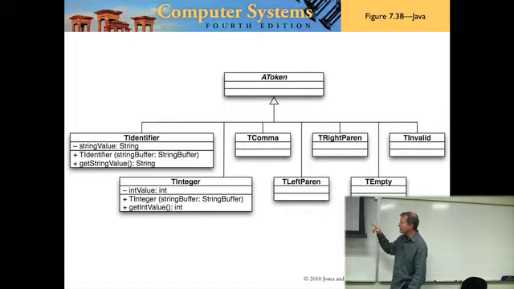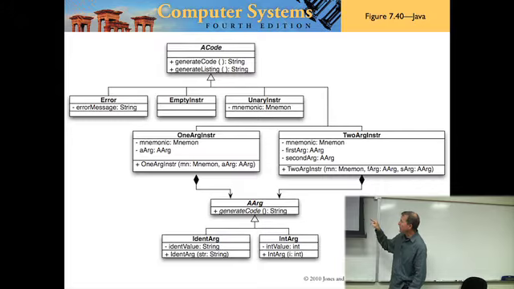Okay, so those are the tokens, and now let's review figure 7.40. I think we've gone through this, right? This is the UML diagram for an abstract code class. You have a code, and what it has is generate code and generate listing.